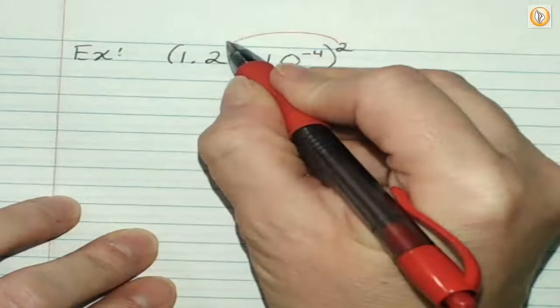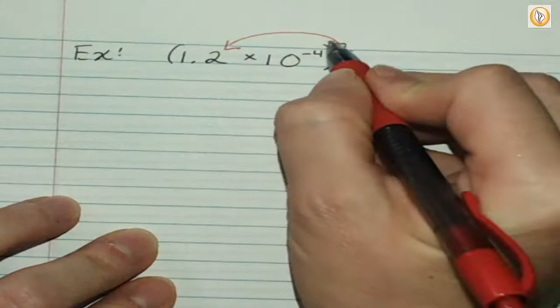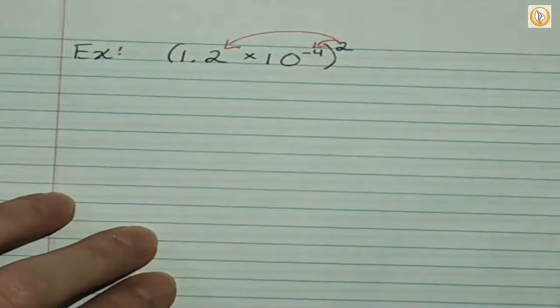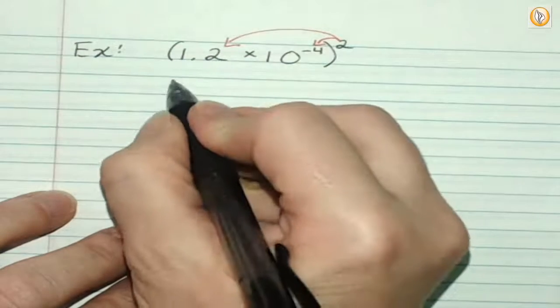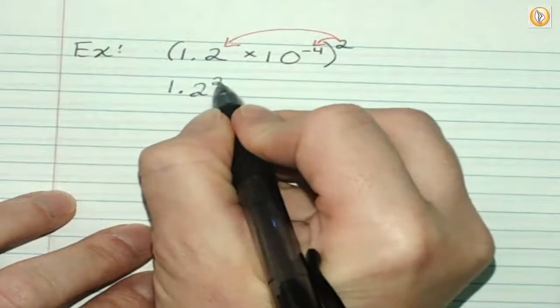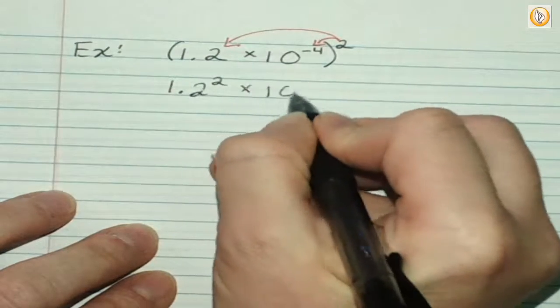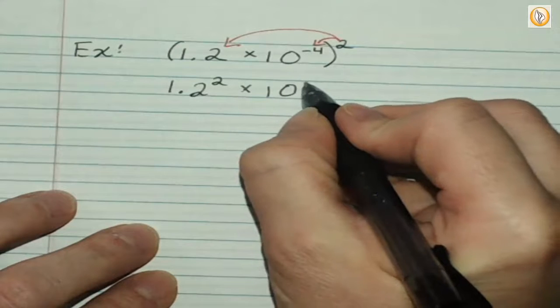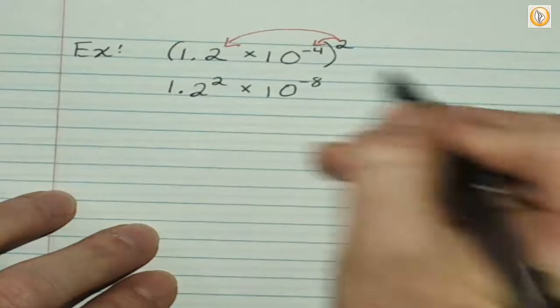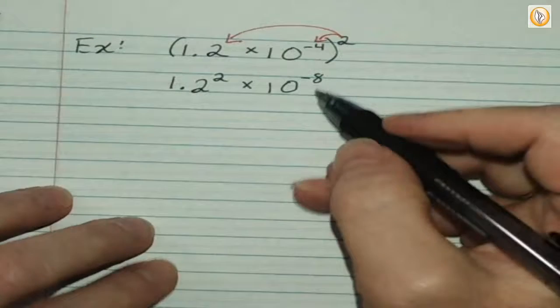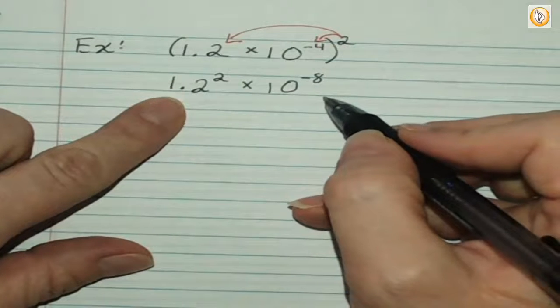So we're going to apply it to this and the -4. So this becomes 1.2 squared times 10 to the what, Sophia? -8. Very good. Does everyone see that? Does anyone have questions as to where we got this?